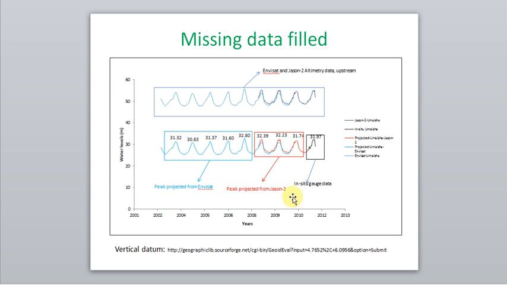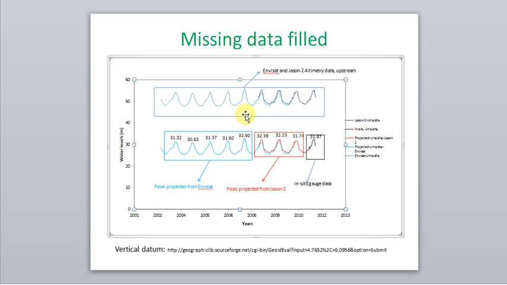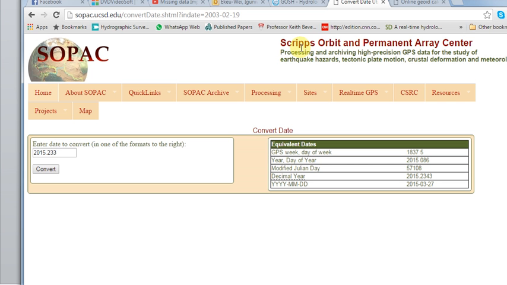But one important thing you should notice is that the vertical datum for the radar altimetry and that of the in-situ measurement is different for my study. It could be the same for yours, but the altimetry comes in EGM 2008, while the gauge station measurement comes in mean sea level. So you have to do that conversion, and there's actually a site for that. I'll just take you to that right now.